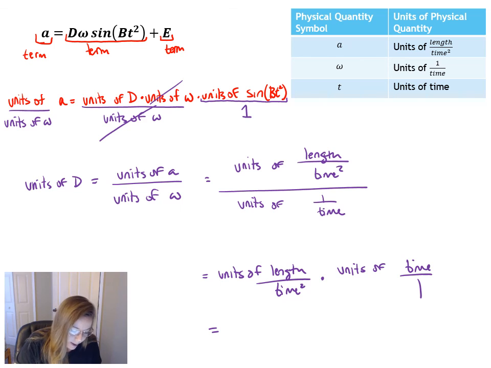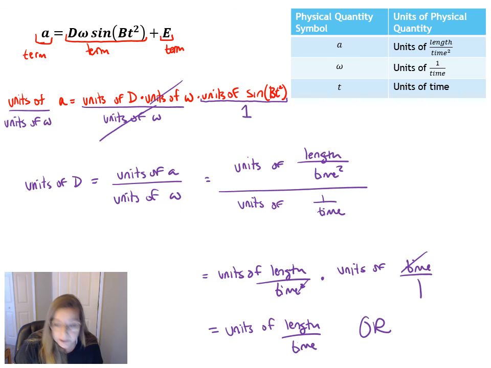And that helps me to see that this time will cancel out with the exponent down there. And so overall, I get that the units of D must be units of length divided by time. So if you wanted to actually plug in literal units, you could say maybe meters per second. That would be the units of length divided by a unit of time. So either one of those two things, actually saying units of length divided by time, that's a perfectly fine answer, or actually giving me literal units, meters per second, that's also fine too.